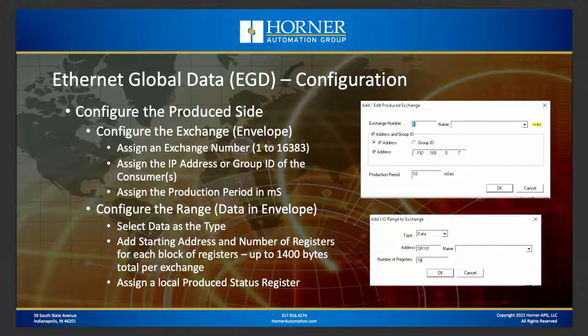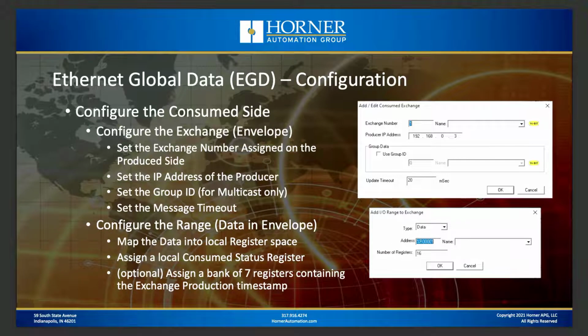And with EGD, you have to configure the data that's produced through configuration of the exchange and the range. You also have to do the same thing on the receiving side. So now we have to configure the consumed side of the exchange. When we set the exchange number here, it needs to match the exchange number that was assigned at production time.